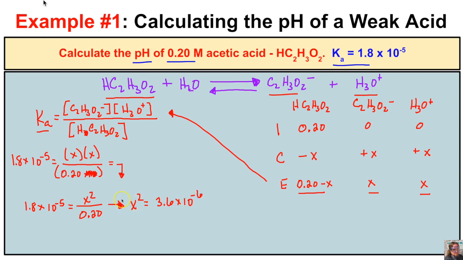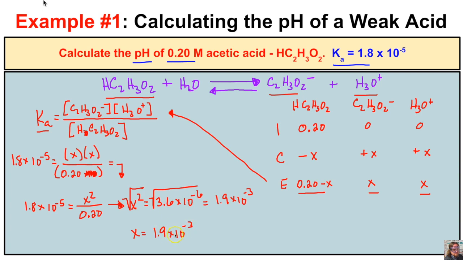So how do we solve for X now? We're going to take the square root of this, and we're going to end up with 1.9 times 10 to the negative third. So X is going to equal 1.9 times 10 to the negative third.